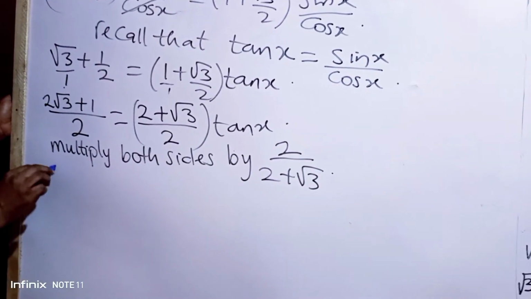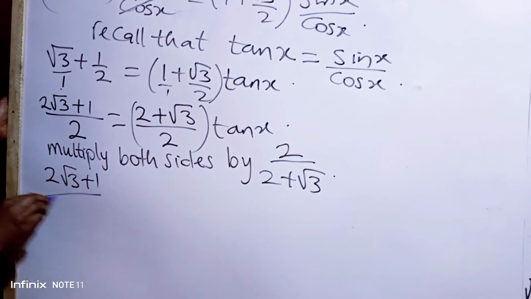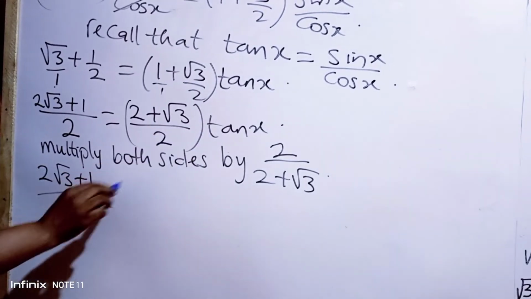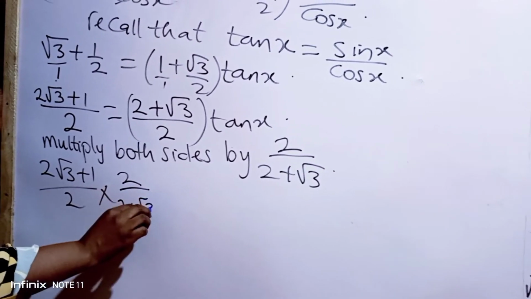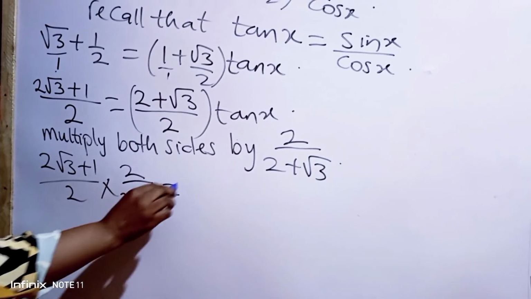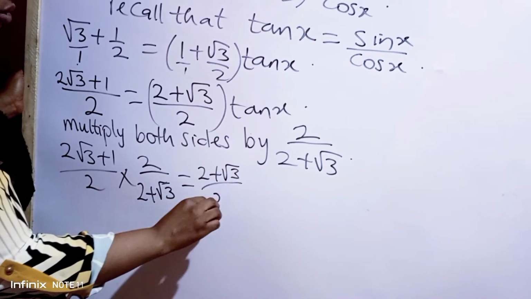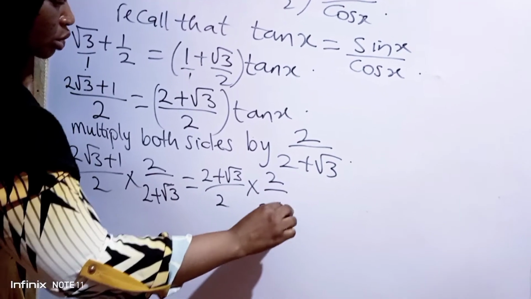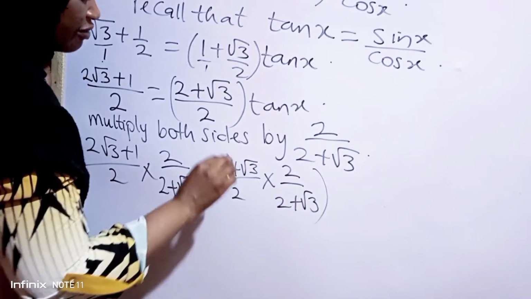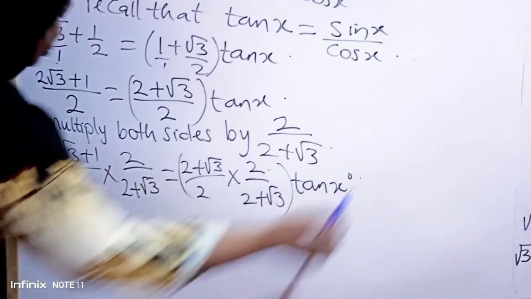So we have (2√3 + 1)/2, then multiply by 2/(2 + √3), is equal to (2 + √3)/2, then multiply by 2/(2 + √3). Then everything multiplied by tan x.